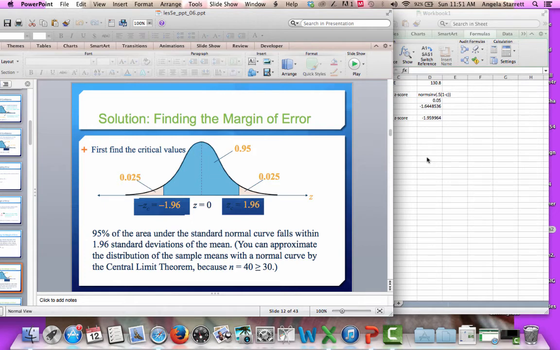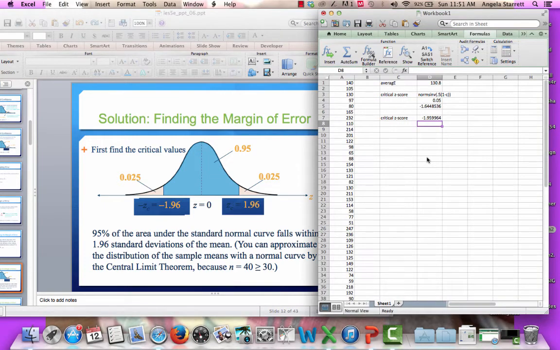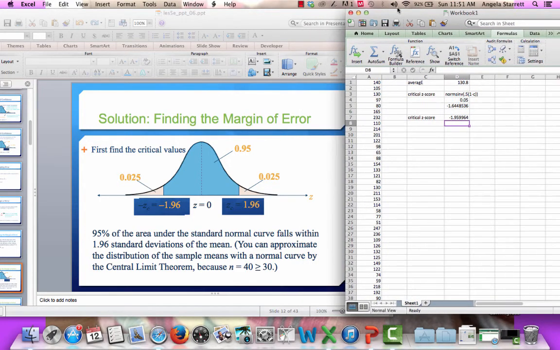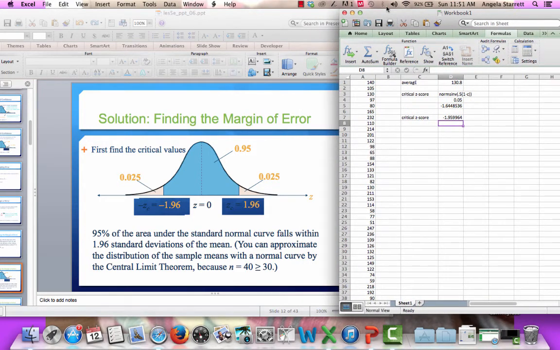I can round that to 1.96 or negative 1.96. So 95% of the area under the standard normal curve falls within 1.96 standard deviations of the mean. That blue shaded region is 95%.